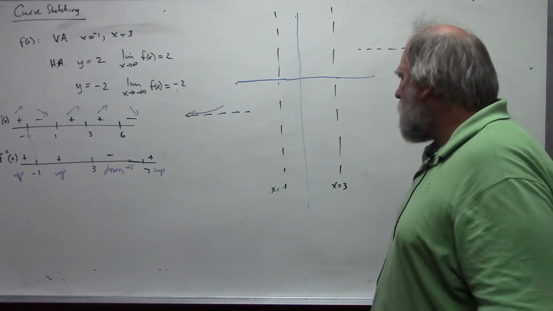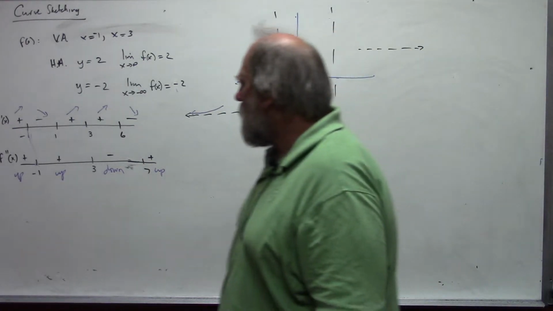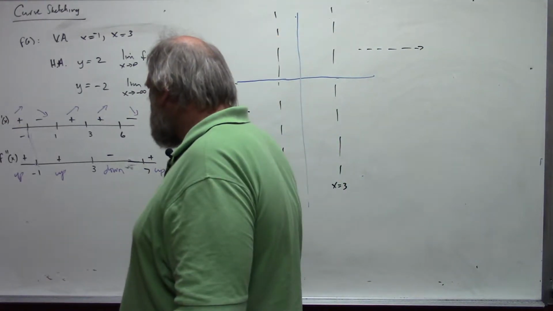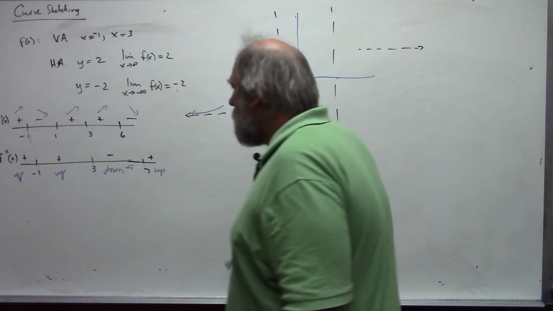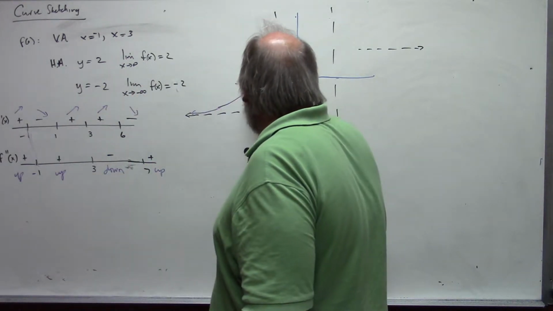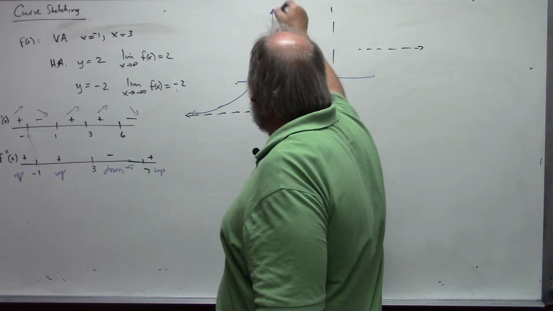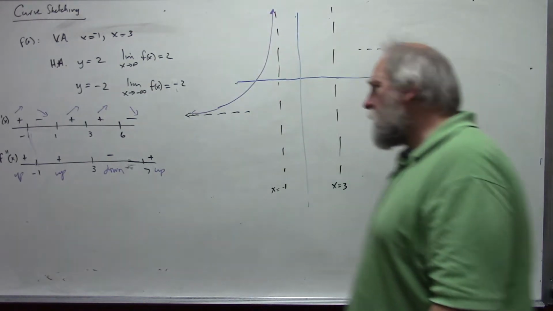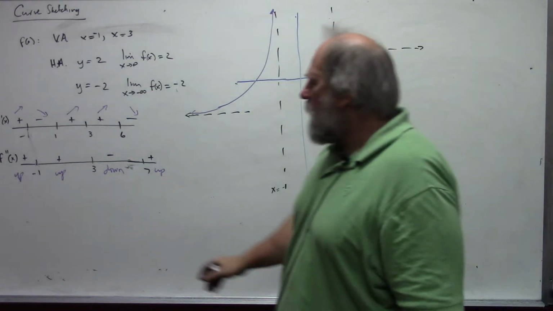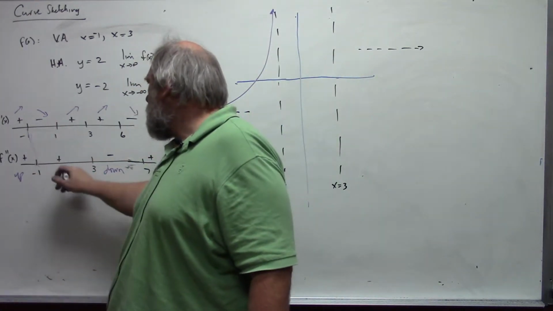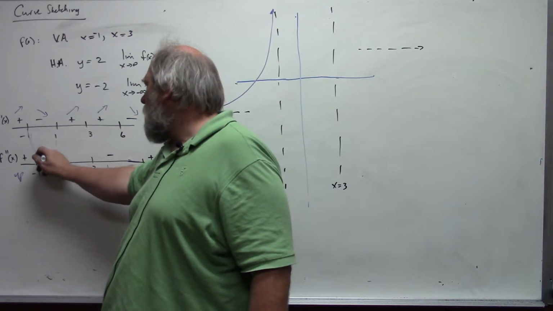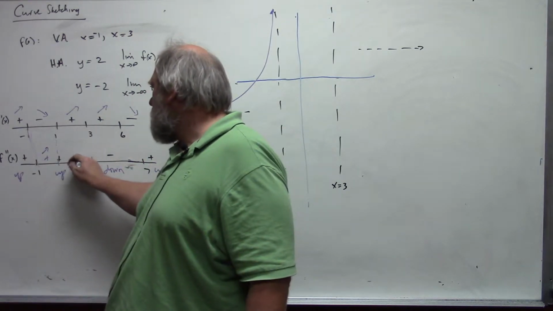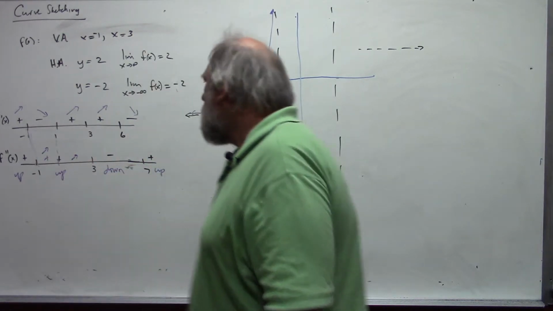When I get to -1, which is my vertical asymptote, this goes to infinity. On the other side of -1, from -1 to +1, I am now decreasing and concave up. I'm going to write this both places because it's in the middle.